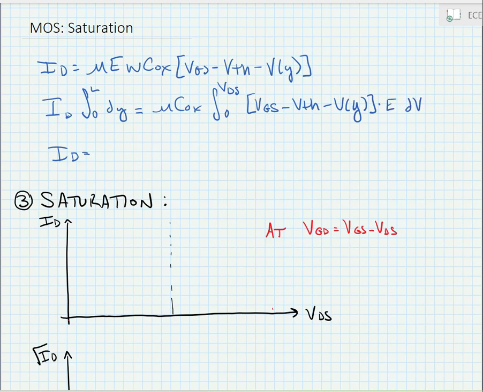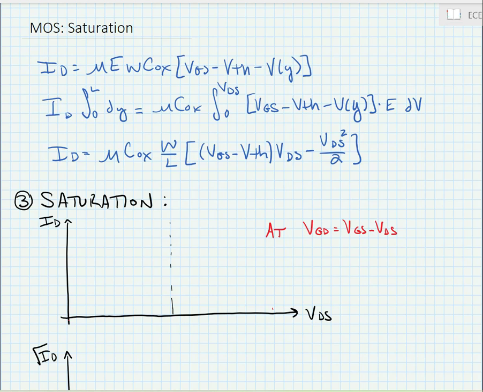And if we carry this integral out, we would find that the drain current is equal to mu times Cox times W over L times VGS minus VTH times VDS minus VDS squared over 2. This is the current of the transistor when it's operating in the triode region.